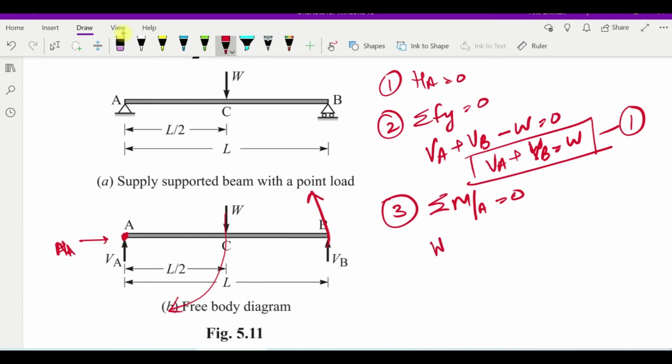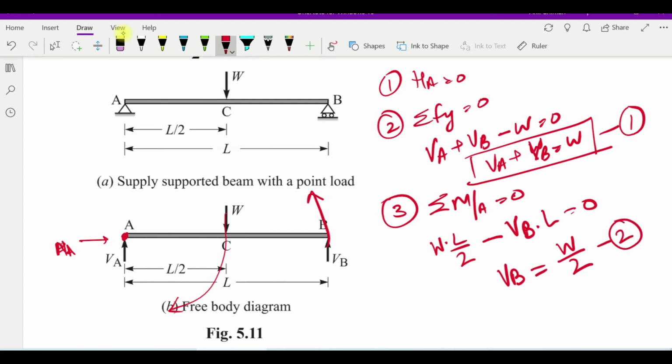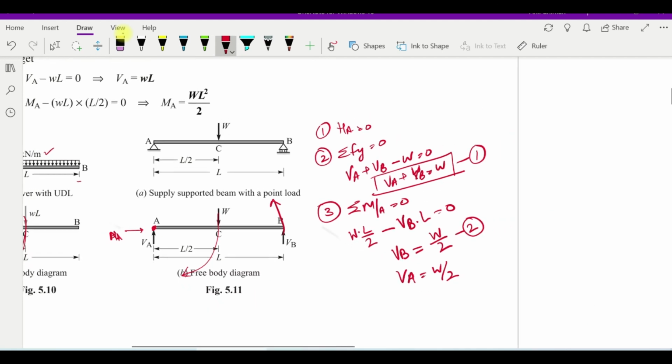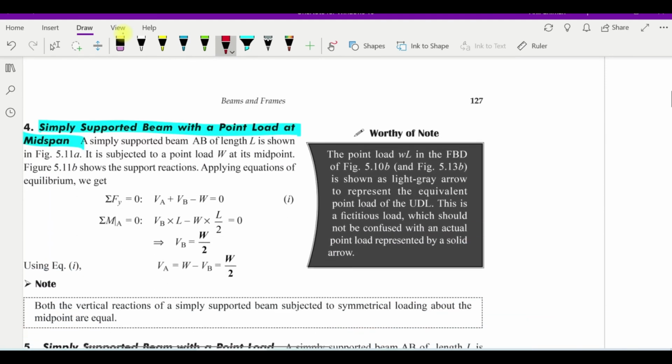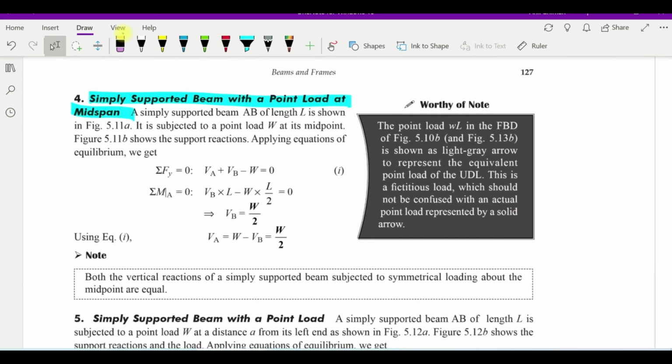So W into L by 2 minus VB into L is equal to 0. So VB will be equal to W by 2. This is equation number 2. If I use equation number 1 and 2, I'll get VA is also equal to W by 2, which is also shown here in the calculation. VA and VB both are equal to W by 2.